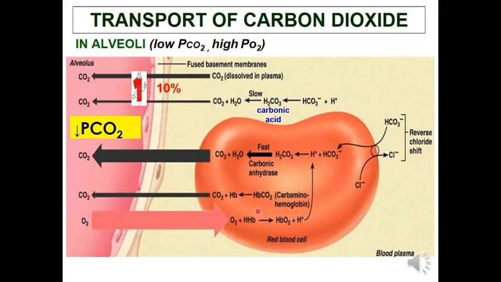The second way is the 30% of carbon dioxide that forms carbaminohemoglobin in the red blood cell will dissociate to form hemoglobin and carbon dioxide. Then the carbon dioxide will be released into the alveoli. All of this is a reversible process.